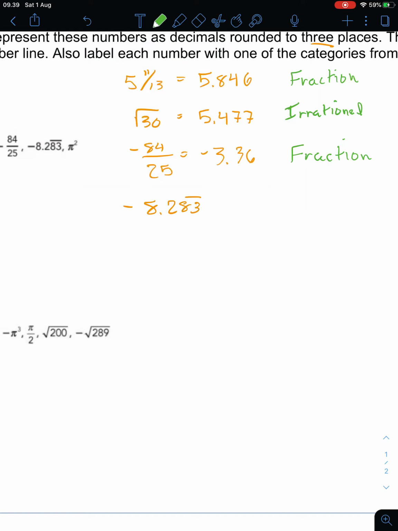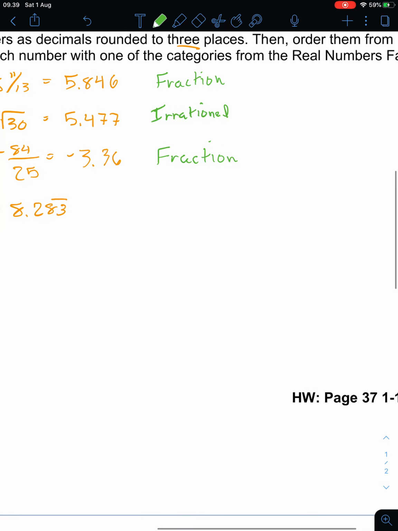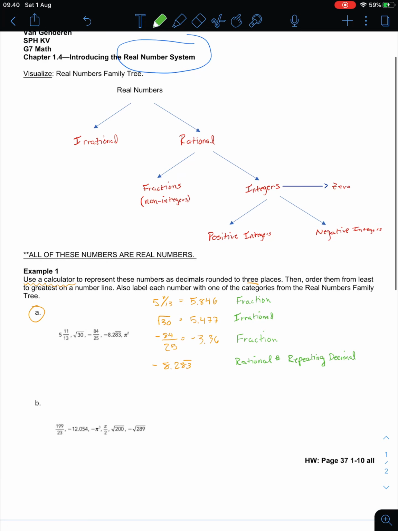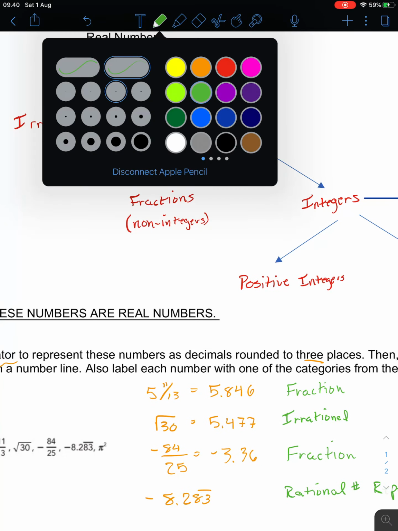And since this is a repeating decimal, repeating decimals are rational numbers. This is a rational number, okay? This is a repeating decimal. Did I forget that in the family tree? Let me look. All right, this is a rational number because it's a repeating decimal. Aha, I did, didn't I? Sorry about that, guys. Let me just add that real quick.